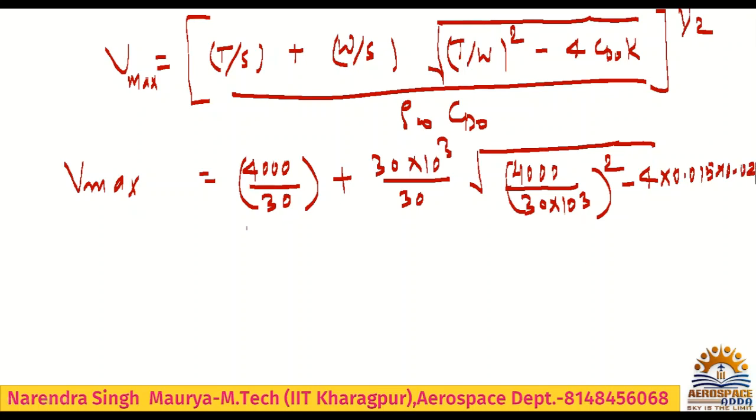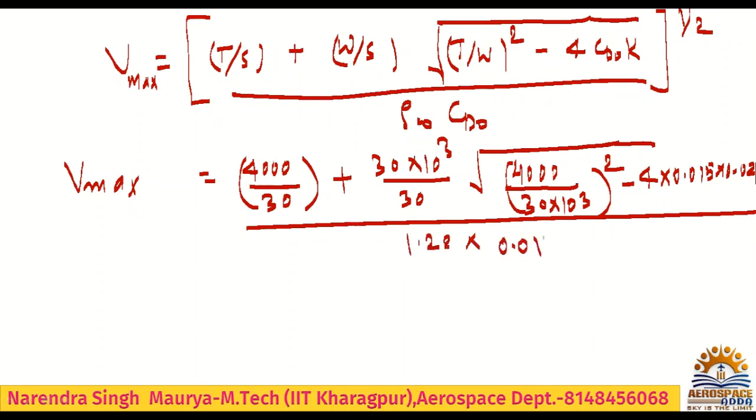Rho is 1.22. And this is also whole root, or whole power 1 by 2, or otherwise I will write square, no doubt. It is okay.